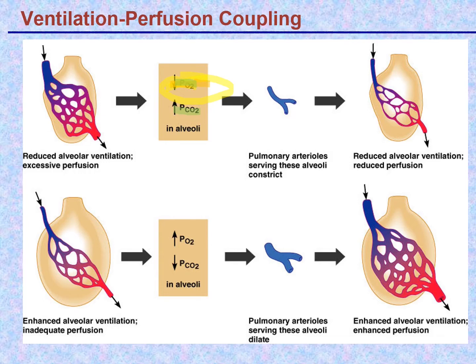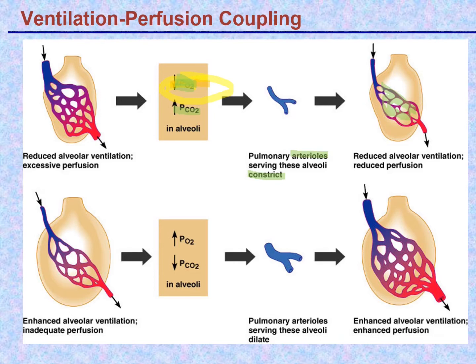And so in an area like this, obviously it's not getting adequate ventilation, and therefore whatever blood is sent into that area will not be able to easily pick up oxygen because the PO2 is lower in that area, and so you get vasoconstriction in this way, and the vasoconstriction is shown here in this part of the diagram. You get constriction of the arterioles that serve that area.